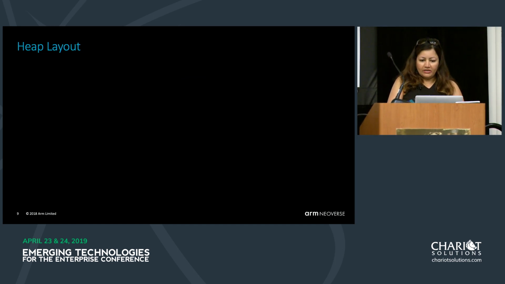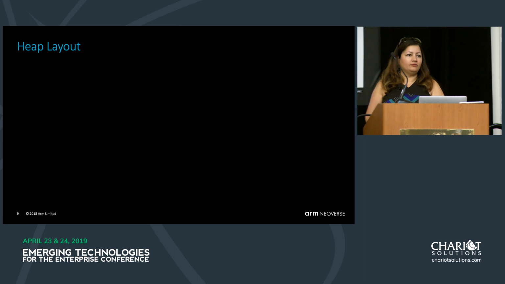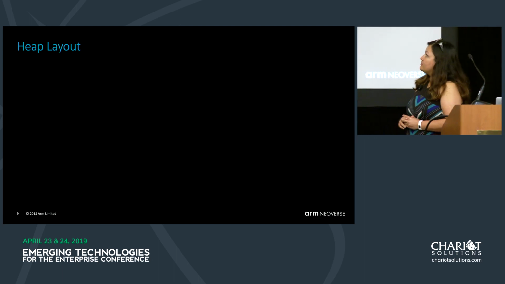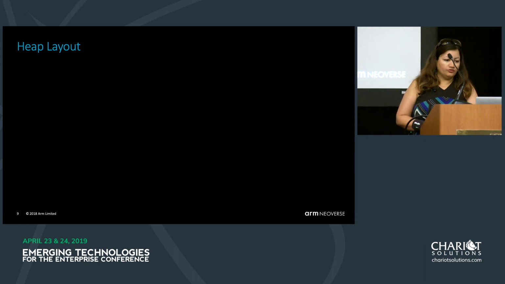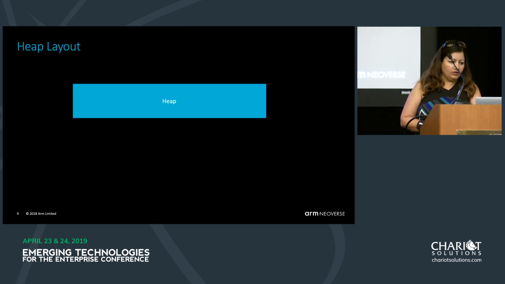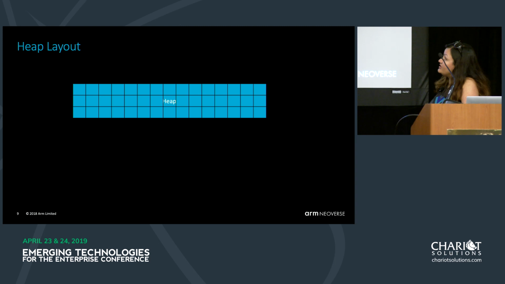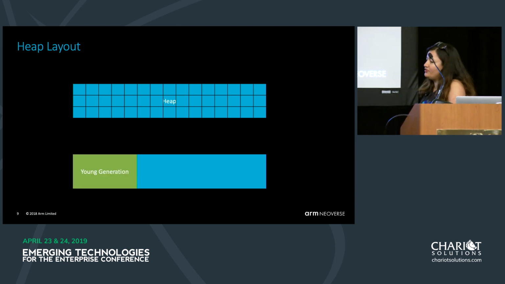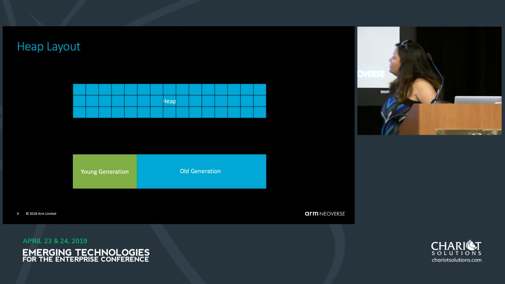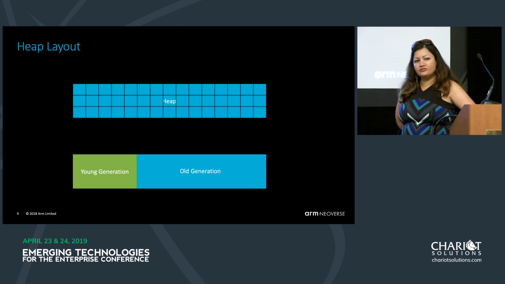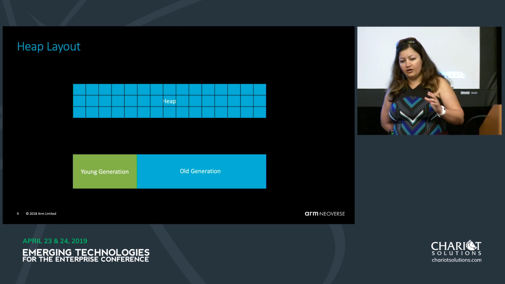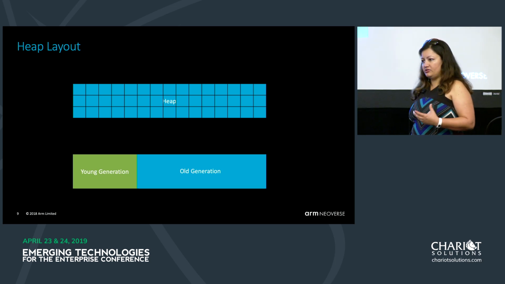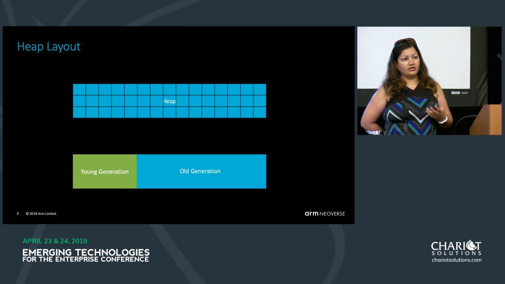So let's go to the heap layout now, and let's talk about regionalized heap. Before I introduce regionalized heap, I want to talk about generational. So this is your heap, this is regionalized heap, and this is your heap with generations. So you have young generation and old generation. The idea behind generational heap is that most objects die young.